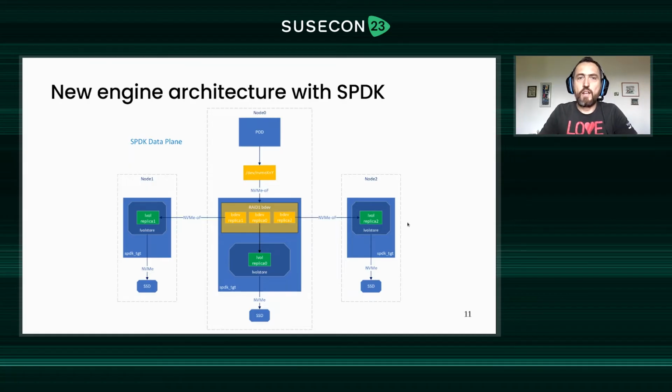This is the diagram of the new architecture. As we can see, the data path with iSCSI and custom protocol has been substituted with a block storage that is accessed by the application that runs inside the pod.